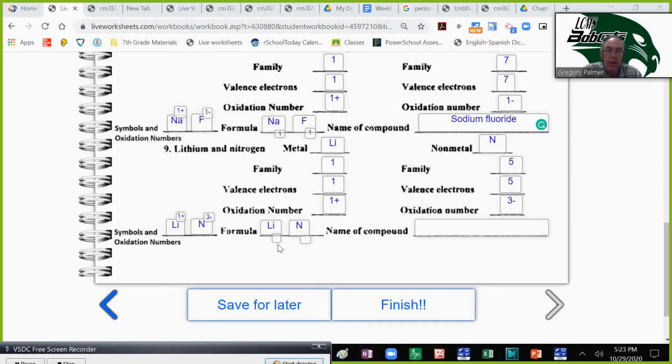So we put the 3 here where we said, it went down and across, and the 1 where it went down and across, and the name of the compound is going to be lithium. We never change the name of the first one, and then the name of the second part, we put IDE on the end, so it's nitride. And that's it.